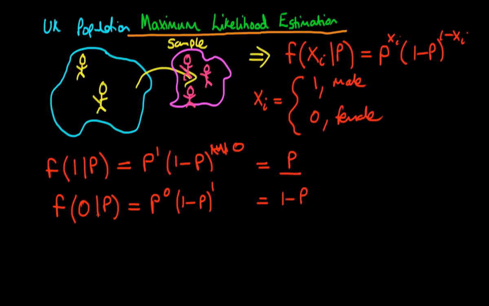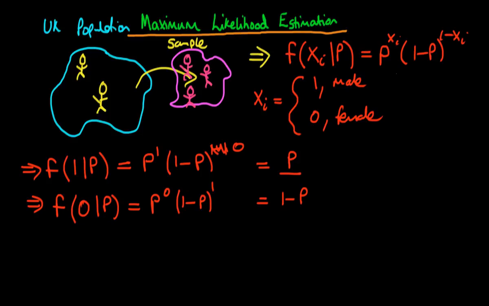So our function f evaluates to 1 minus p, which is the probability that an individual is female. So in both circumstances, you can see that our function f is telling us the probability that we would have got that observation, if we think about our observations as being almost like tosses of a coin. Okay, so that's the circumstance for one observation.